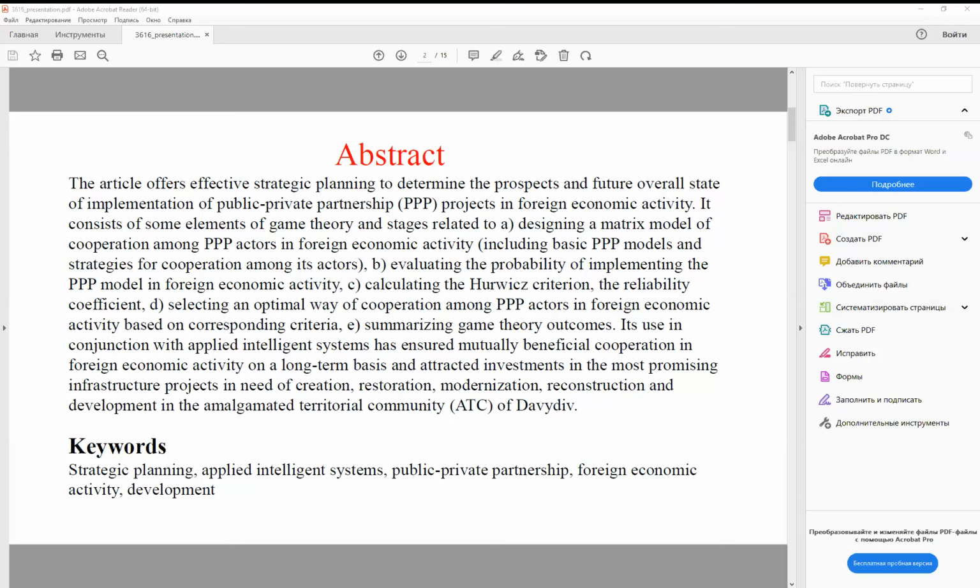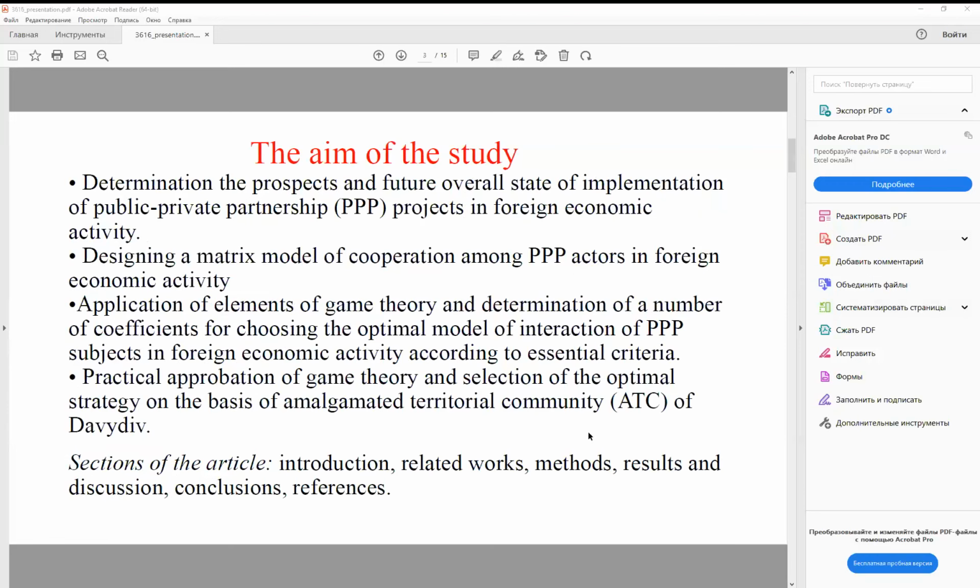Its use in conjunction with an applied intelligence system has ensured mutually beneficial cooperation in foreign economic activity on a long-term basis and attracted investments in the most promising infrastructure projects in need of creation, restoration, modernization, reconstruction, and development in the amalgamated territorial community (ATC). Keywords are strategic planning, applied intelligence system, public-private partnership, foreign economic activity, and development.